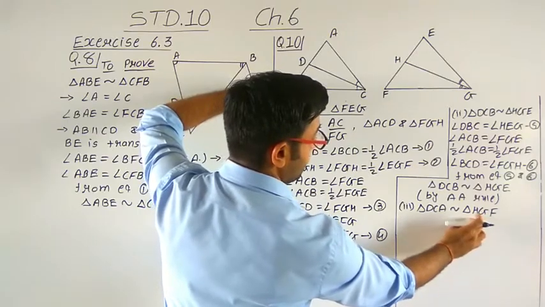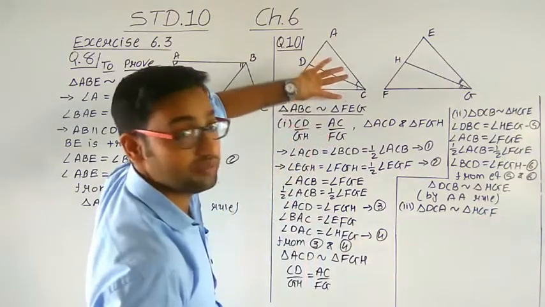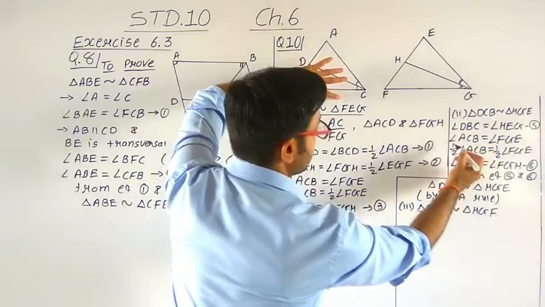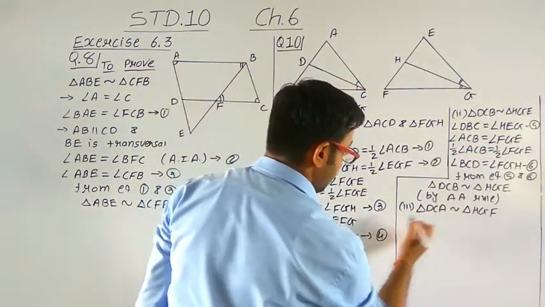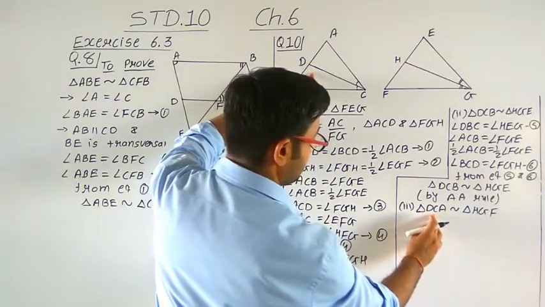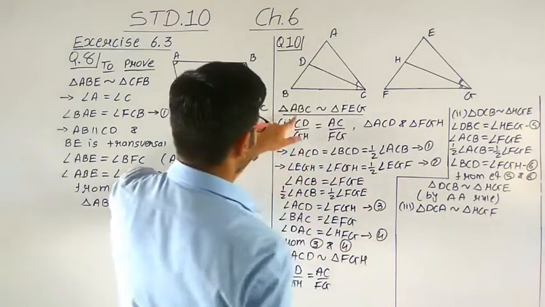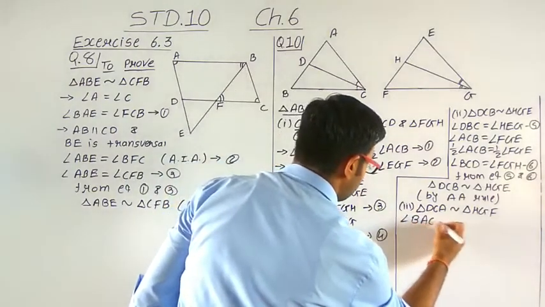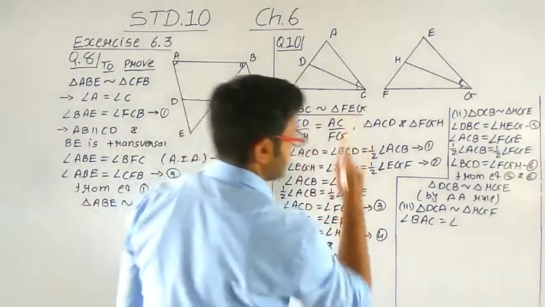Now A and F are both equal. As we wrote that angles ACB and FGE are equal, in the same way here we can write that angle A and angle F are equal. Let us write it as angle BAC is equal to angle EFG.